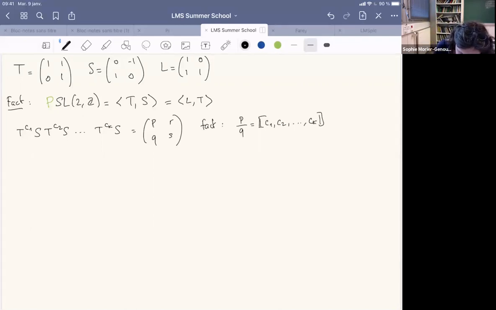So to be on the safe side, it's better to start with a rational, to look at this decomposition and to compute this formula, because if you start with an arbitrary number here, maybe this could have no sense, because maybe you are dividing by 0 at some point.